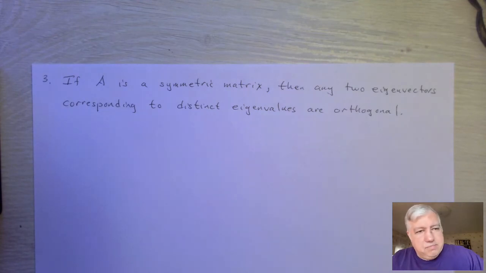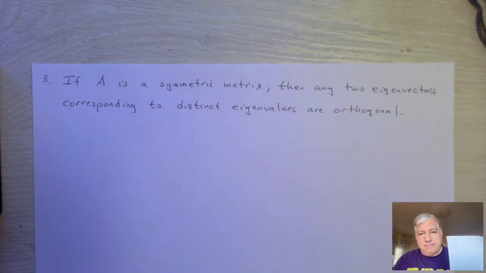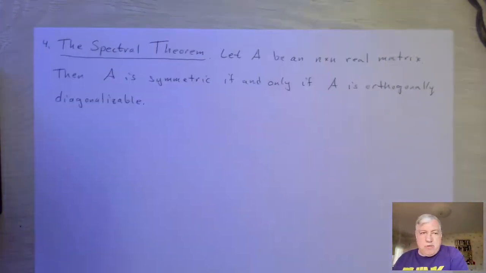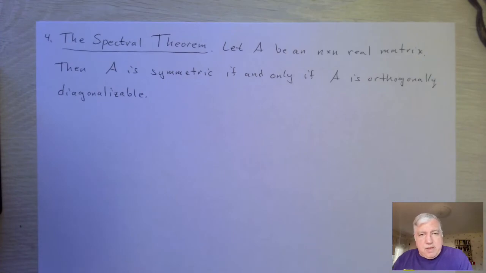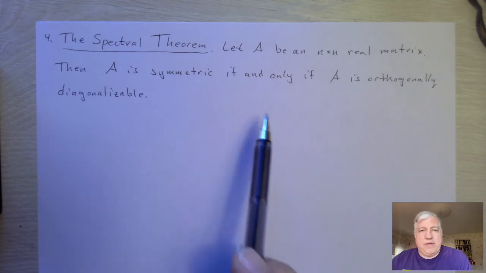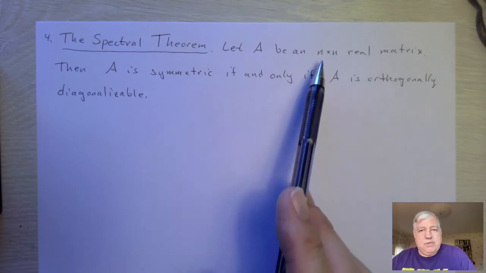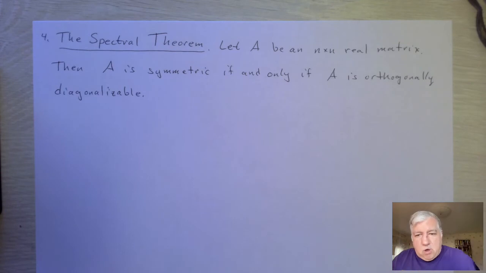And then we're going to combine these things together, and we're going to prove this very important theorem called the spectral theorem, which basically says that a matrix is symmetric if and only if it is orthogonally diagonalizable. Again, this is for a square real matrix, meaning all the entries are real.